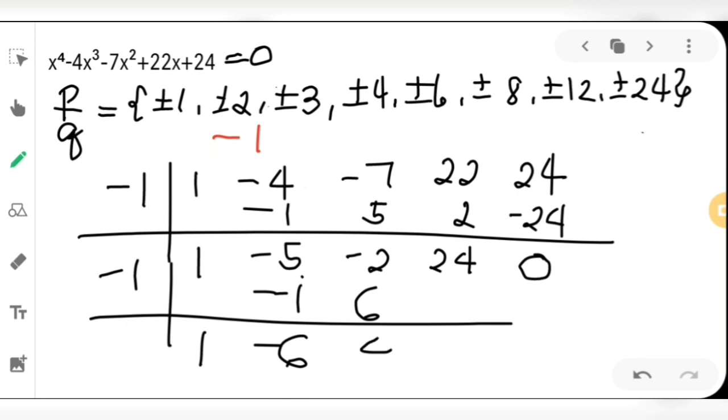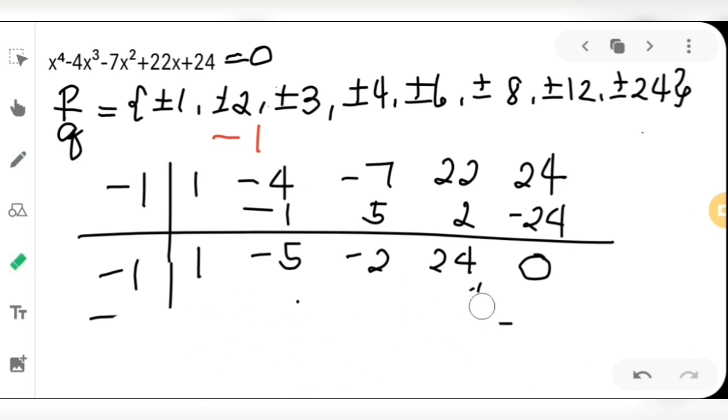Negative 2 plus 6 is 4. 4 times negative 1 is negative 4. So 24 plus negative 4 is 20. Okay, so we didn't get a 0 remainder on our second try. That means negative 1 has only a multiplicity of 1.